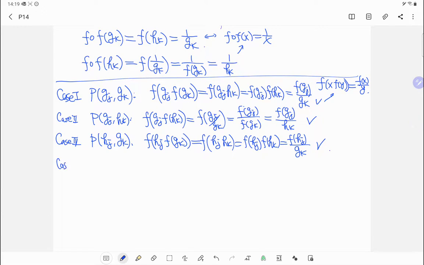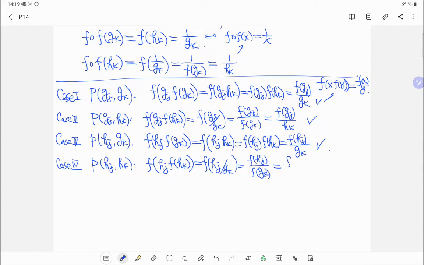And the last case will be hj and hk. So f evaluated at hj times f of hk is f of hj times 1 over gk, which is f of hj over f of gk.